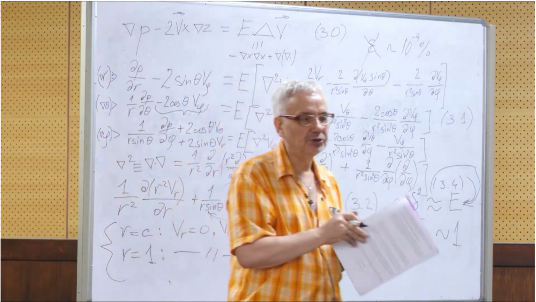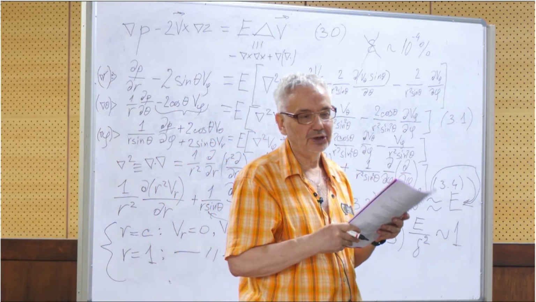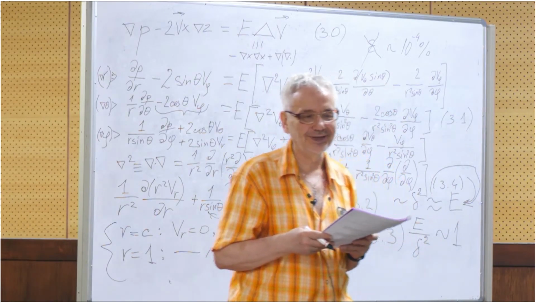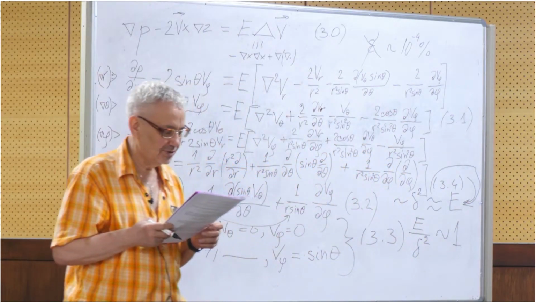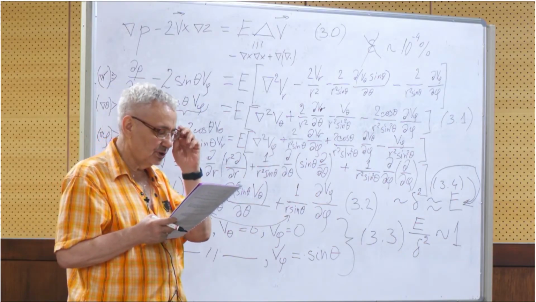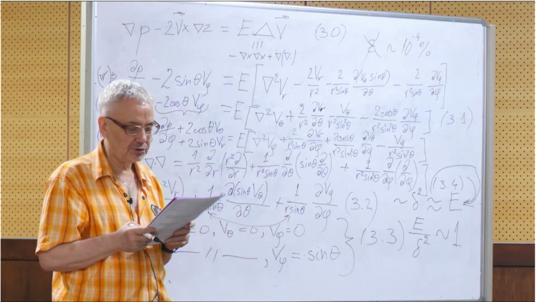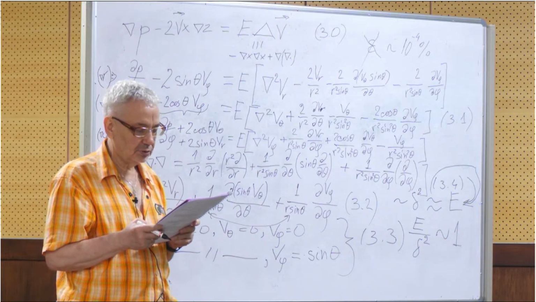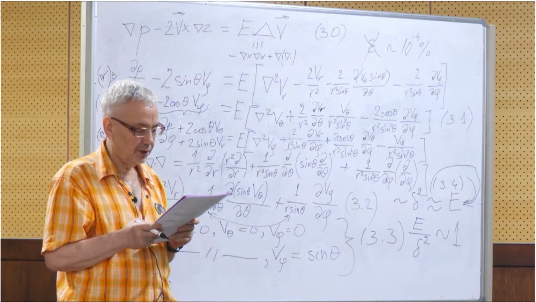Okay, I repeat it a second time a little bit in other words, just for you to understand how these things work. Hopefully you understand. So thus, the main asymptotic parameter determining the viscous flow in narrow boundary layers of thickness of the order of delta will be the square root of the Ekman number.